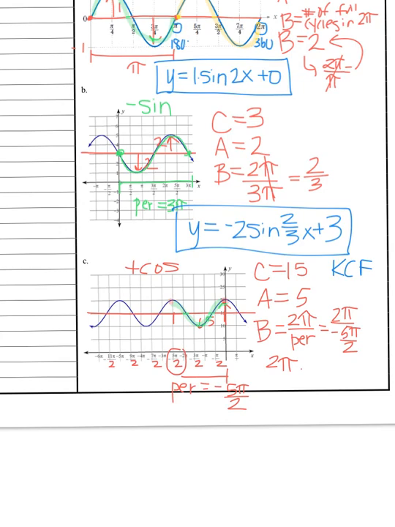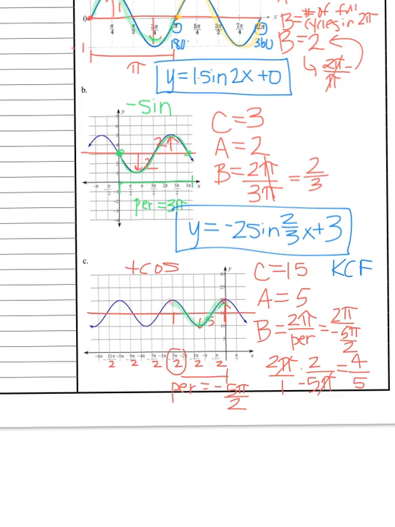So we're going to flip that fraction around to 2 over 5 pi negative. And that 2 pi there we can put over 1 if we'd like. So we can cancel out the pi's here, one on the top, one on the bottom. And we're going to multiply across. So 2 times 2 gives us a 4 on the top and a 5 on the bottom.